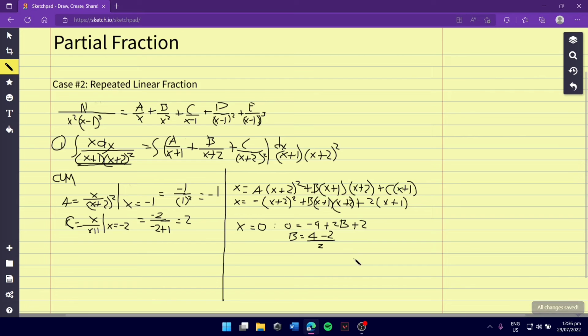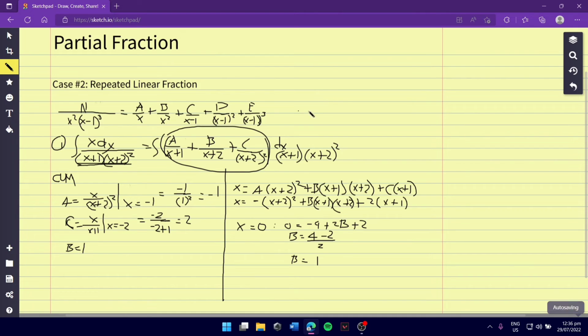Simplifying, B will be equal to 1. So we have now our values. We have here B is equal to 1. Next, we will substitute the values of A, B, C in this equation.